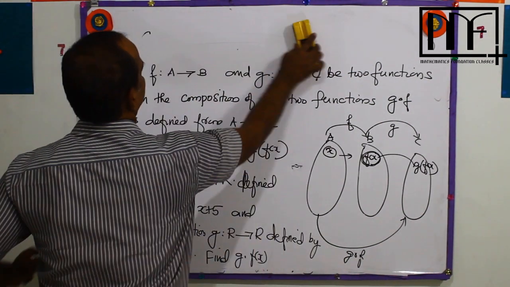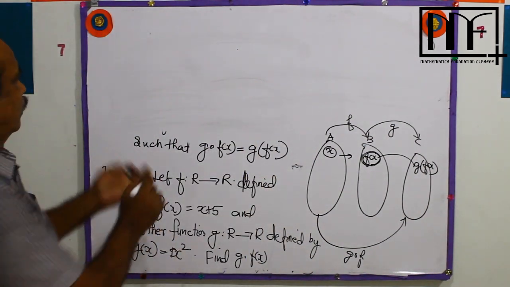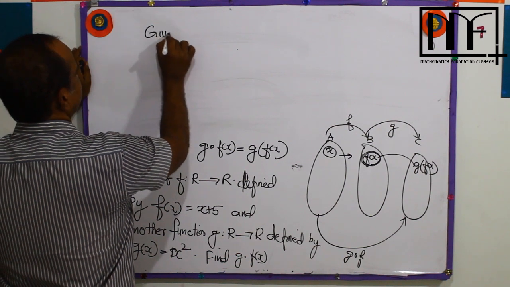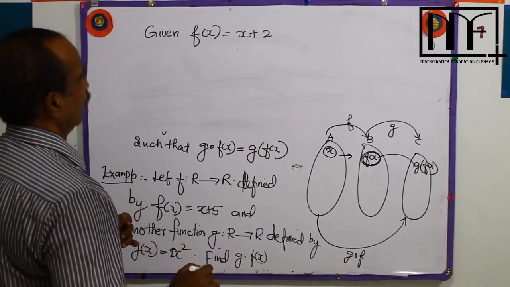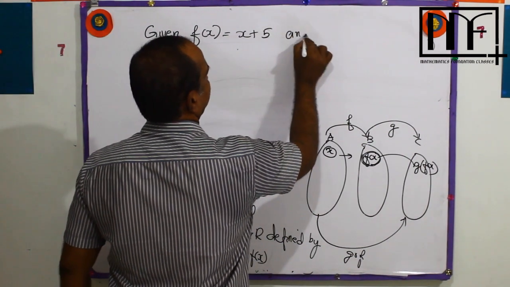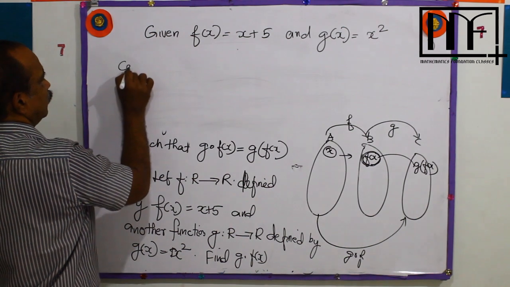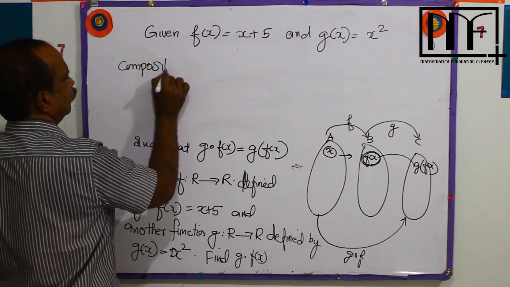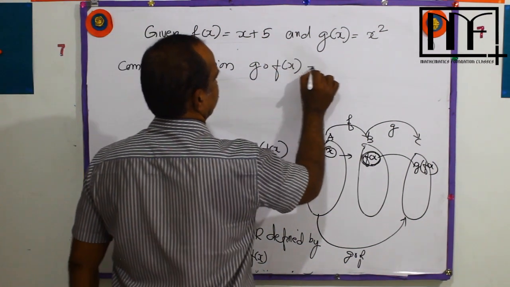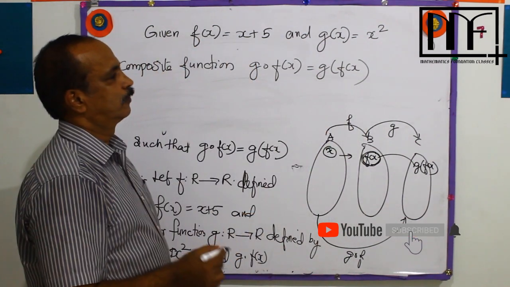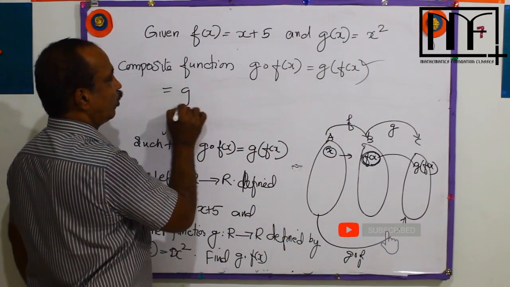In this case, given f(x) = x + 5 and g(x) = x², the composite function is g(f(x)). So first we need to find f(x).